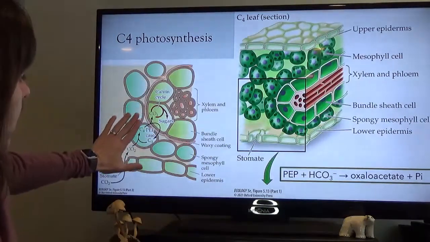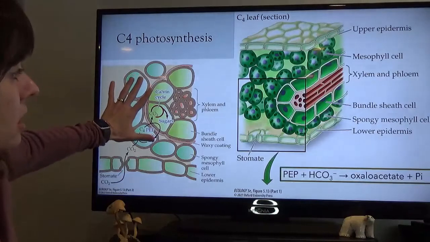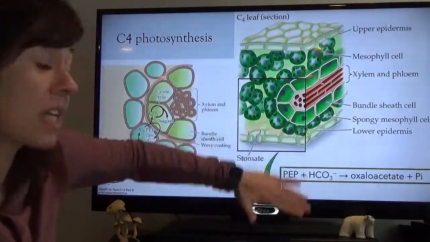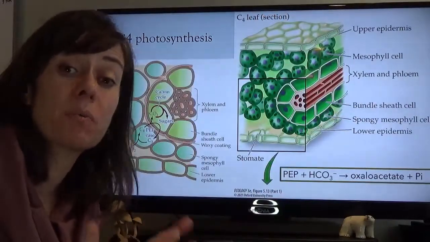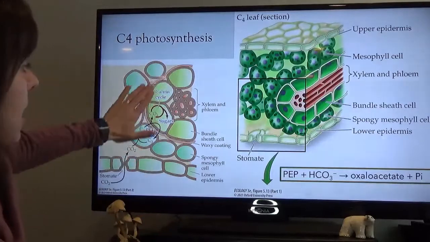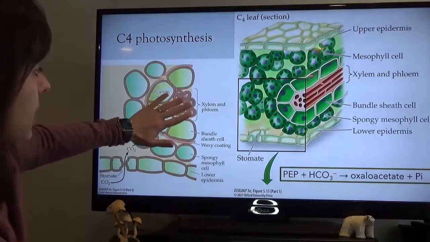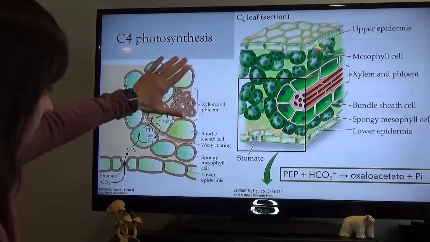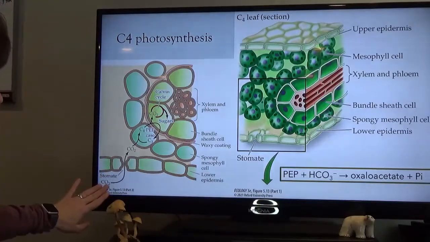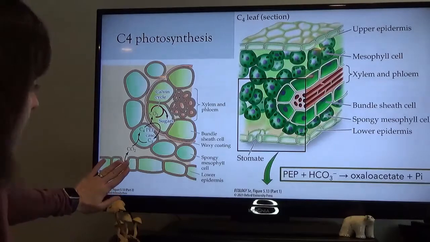Okay, and the way this happens is by specialized structures, which we refer to as bundle sheath cells. When you take a section of a leaf, you can tell very clearly whether it's a C4 or a C3 plant. C4 plants have these bundle sheath cells around the xylem and the phloem. So what happens is carbon dioxide comes in through the stomates.